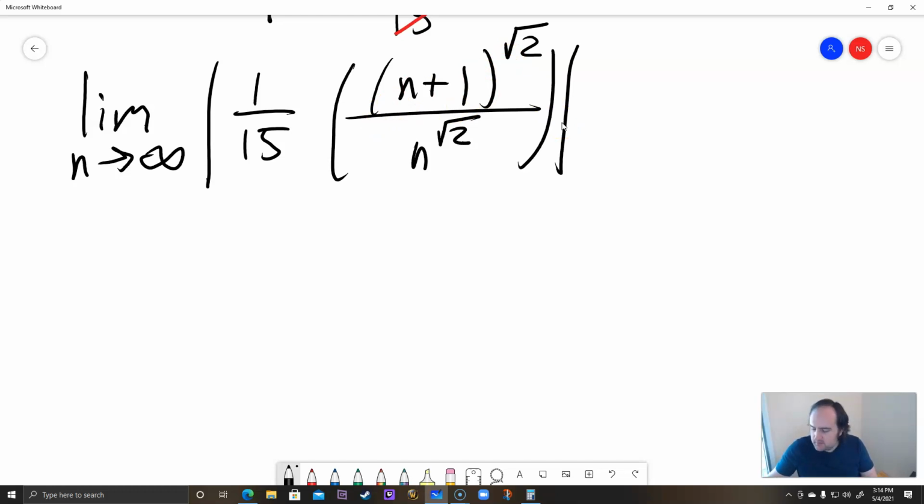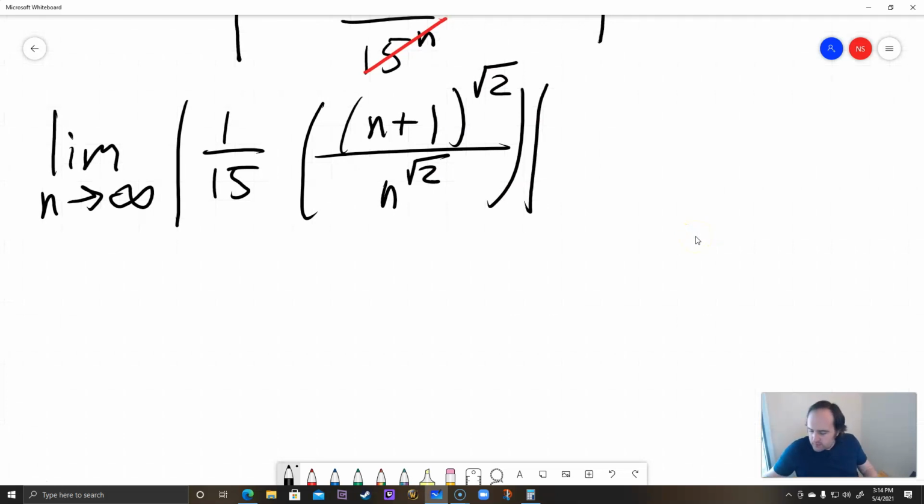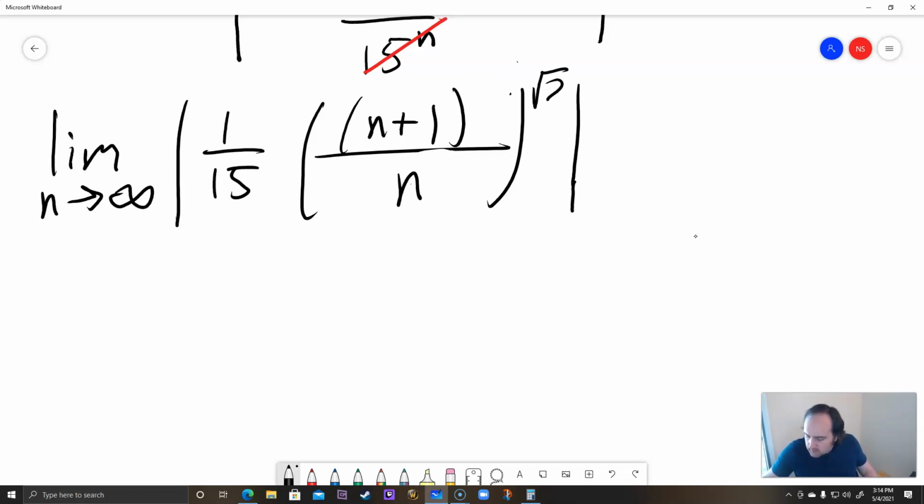In other words, since the numerator and the denominator both have root 2 as the exponent, we're able to factor that root 2 out to the exponent in the front.